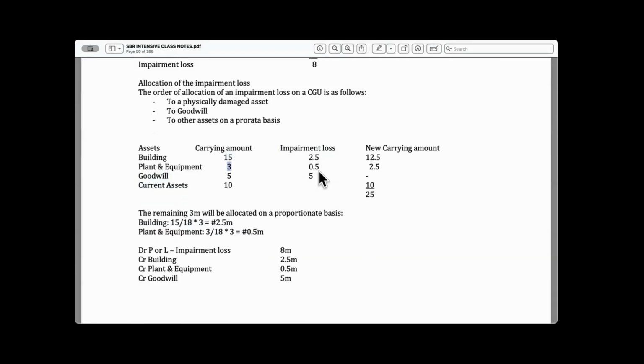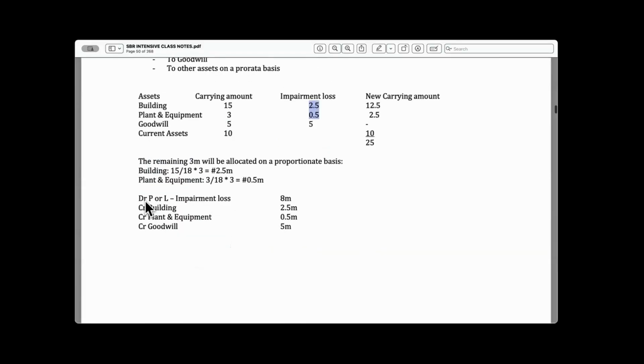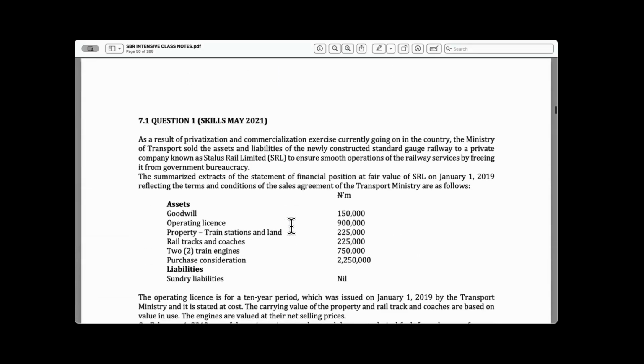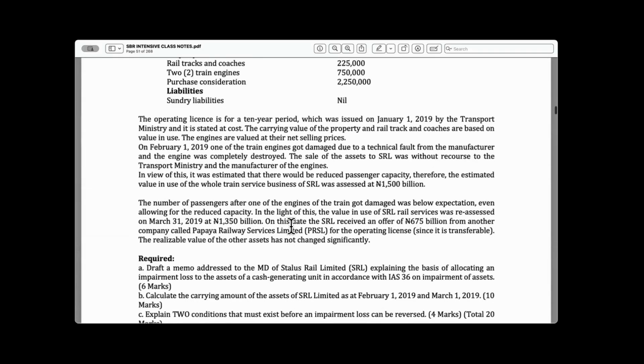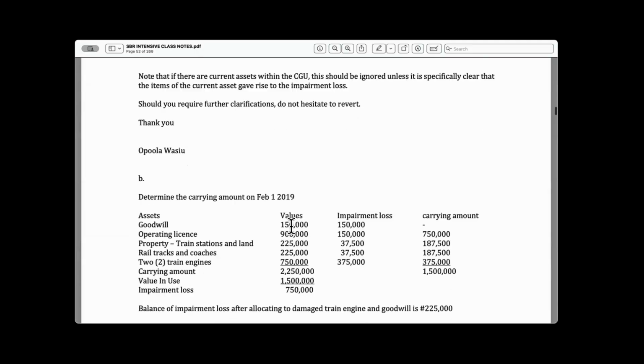So we're able to get this impairment loss amount. And so ultimately, the 8 million has been shared to each of these assets based on the order prescribed in IAS 36.